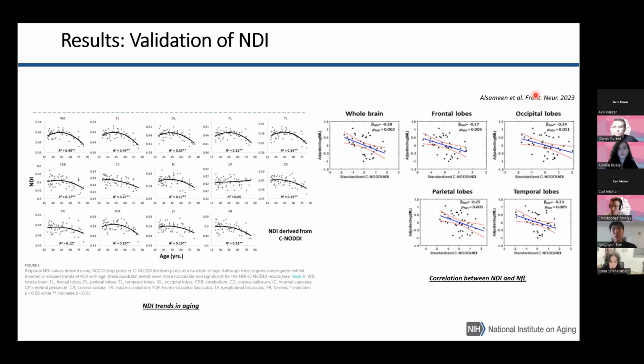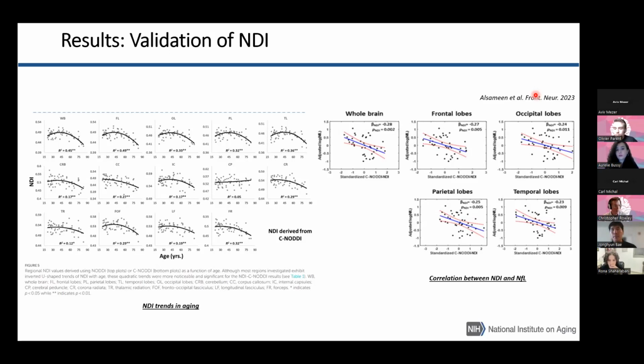But our intuitive thought at the beginning was to relate this myelin water fraction, which is the direct proxy of the myelination, to the gene expression that is related to myelin.